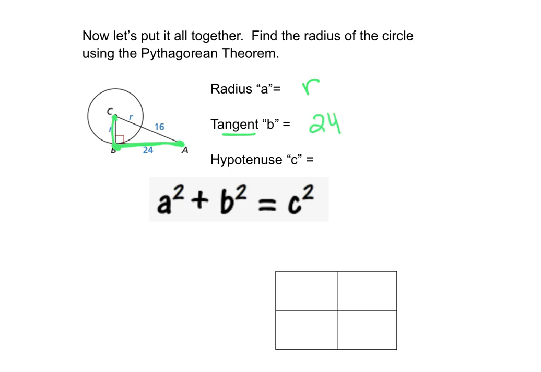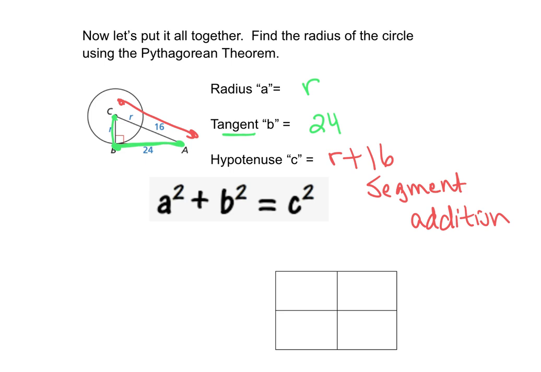And our hypotenuse goes all the way from here to here, which means it's not 16 and it's not r. It's those two things together, which is r plus 16. That's just segment addition. We're adding two segments together to get r plus 16.